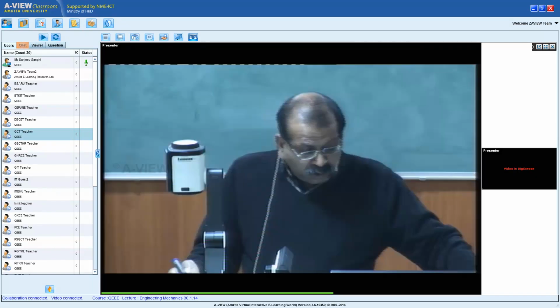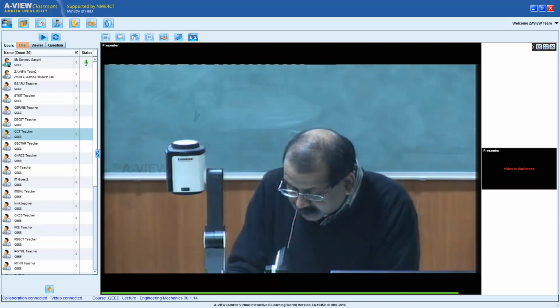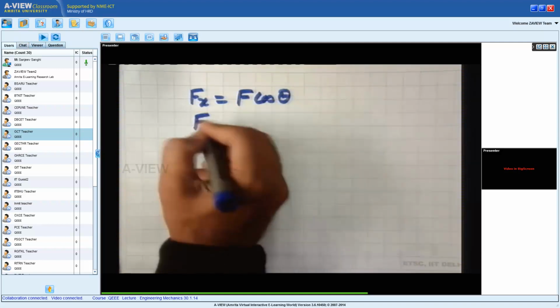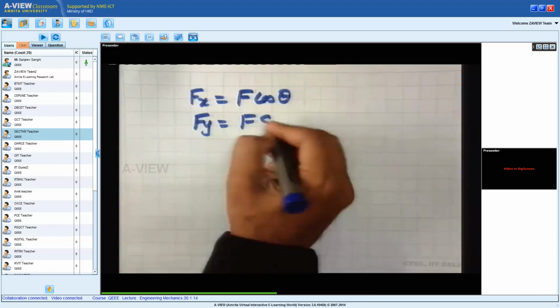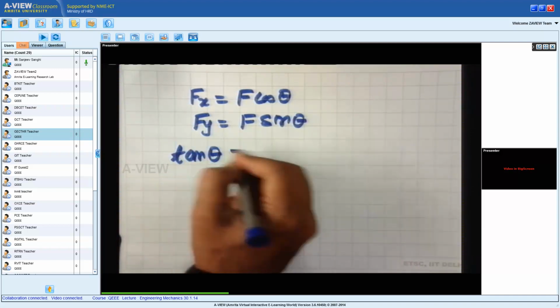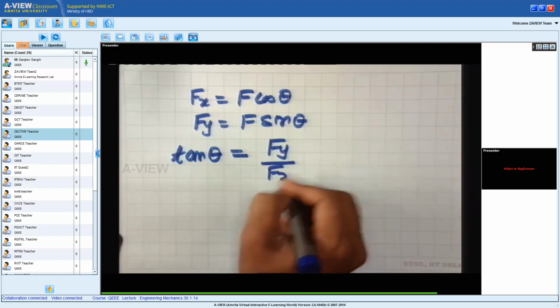So what we have here is that the Fx component is written as F cos theta, the Fy component is written as F sin theta, and if I know the components, then tangent theta is given by Fy upon Fx.